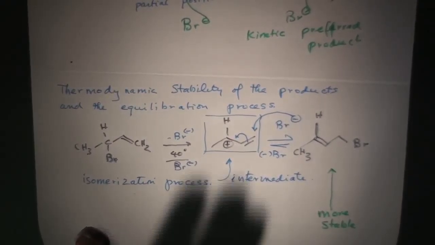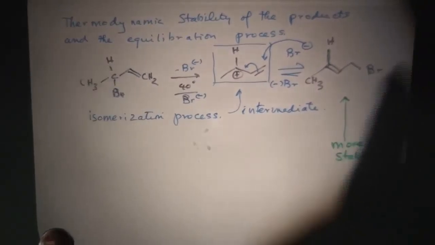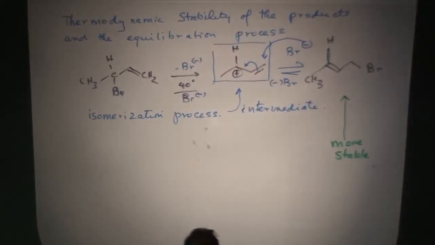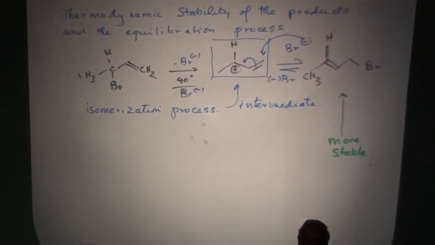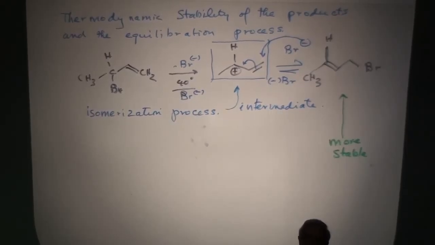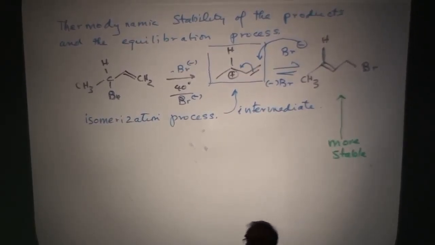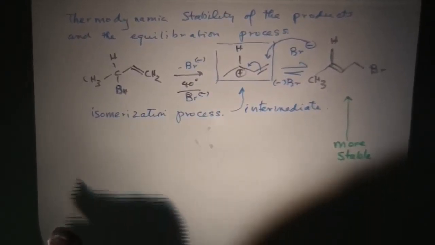Basically, once you have that in mind, then you can pretty well do any kind of prediction about what would happen when you take either a diene system plus an electrophile or an allylic system with a leaving group, and what would happen under thermodynamic or under kinetic conditions.